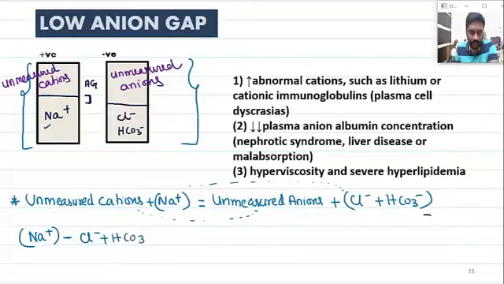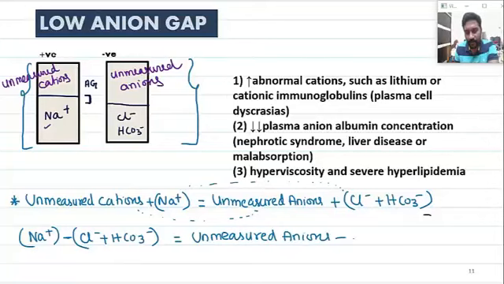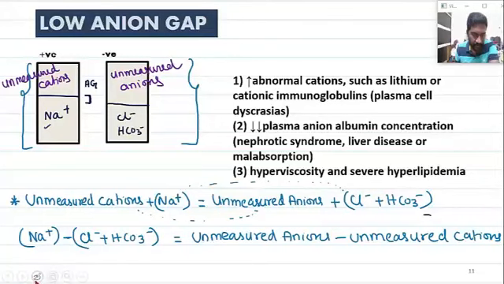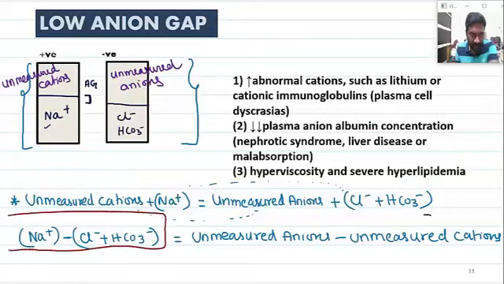So this is simple mathematics. So sodium minus chloride plus bicarbonate will be equivalent to, the same equation can be written like this: unmeasured anions minus unmeasured cations. Simple mathematics. So what is this sodium minus chloride plus bicarbonate? What is this parameter called? This is called anion gap.